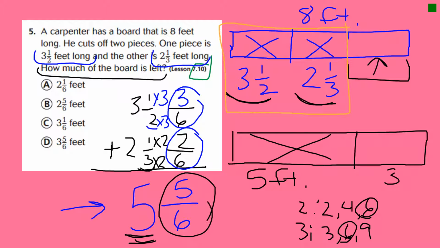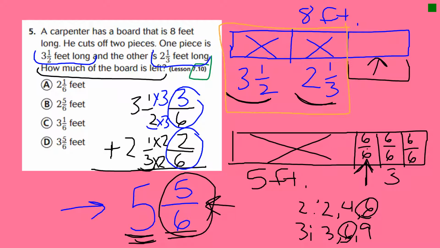But out of those 3 feet that are left, I'm going to cut 5/6 out of one of those feet. 1 foot is of course 6/6. Well, they're all 6/6, aren't they? But the only one we need to worry about is this one that we're going to cut 5/6 off of.